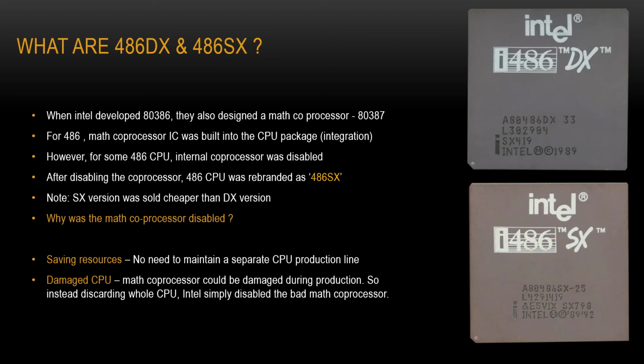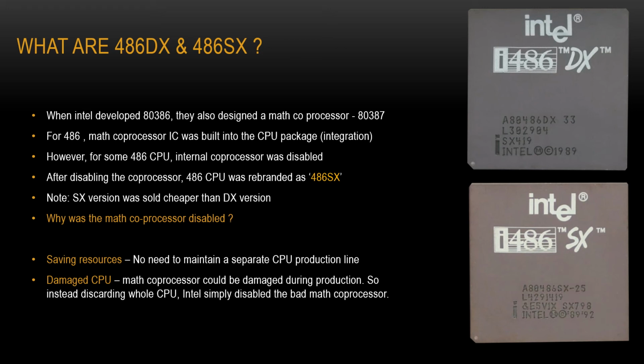Why was the math coprocessor disabled? There were two reasons. First, saving resources. Intel did not want to maintain a separate production line just to make a 486 CPU without math coprocessor built in.